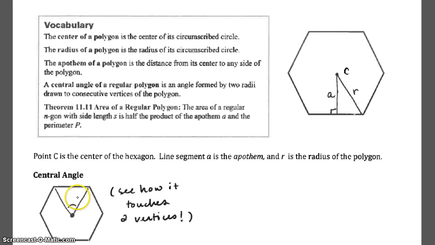The central angle, so C is called the center. Okay, and the central angle is just the angle that is made by 2 radii. See how it touches 2 vertices here? That's important. To find the central angle, say I have something that has 10 sides.